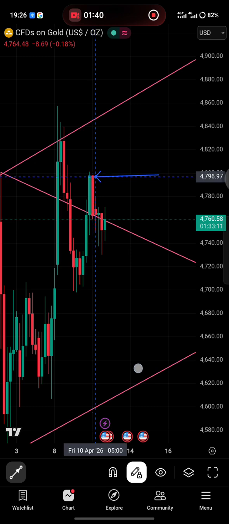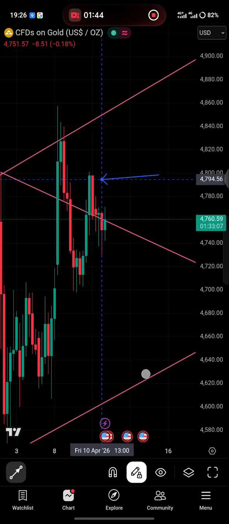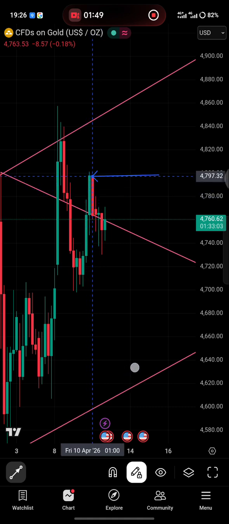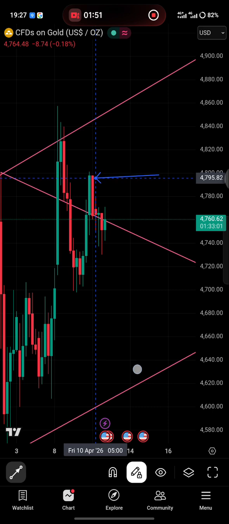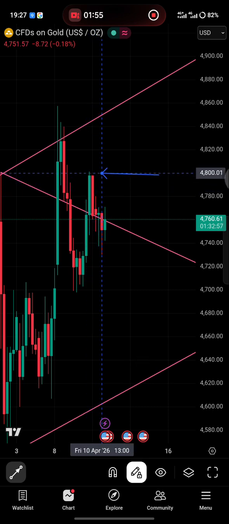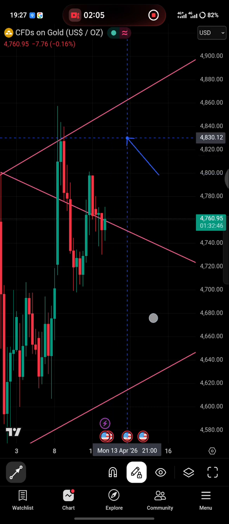Because it has pushed down and managed to break support, which means this is a complete bearish price action, which is also a valid bearish price action, right? So after this complete bearish price action, price is said to be going down rather than going up.